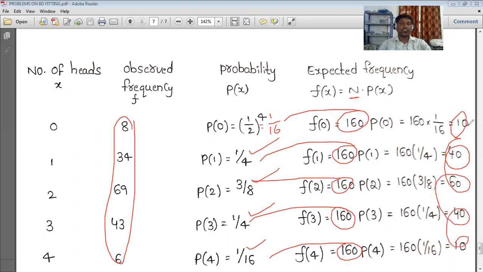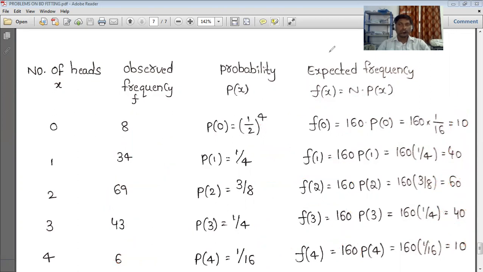So here the observed frequency is 8 and the expected frequency is 10. Observed 34, expected 40. 69 and 60, next 43 and 40, and 6 and 10. These are the observed frequencies and these are the expected frequencies.